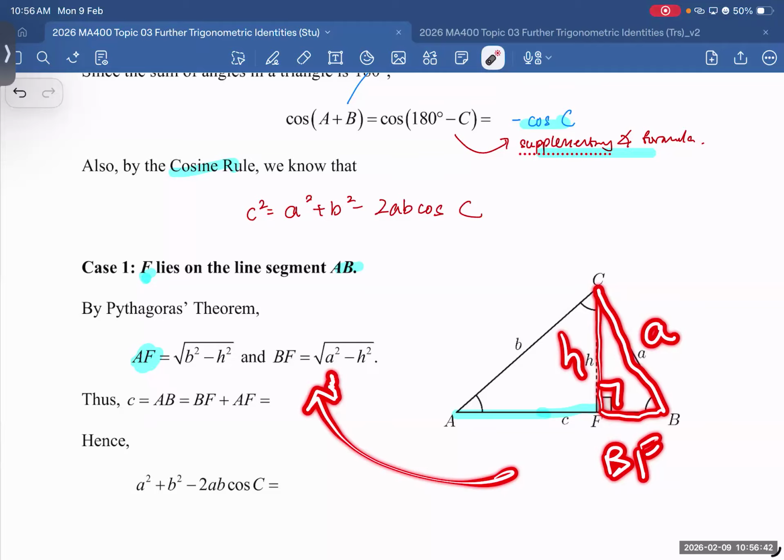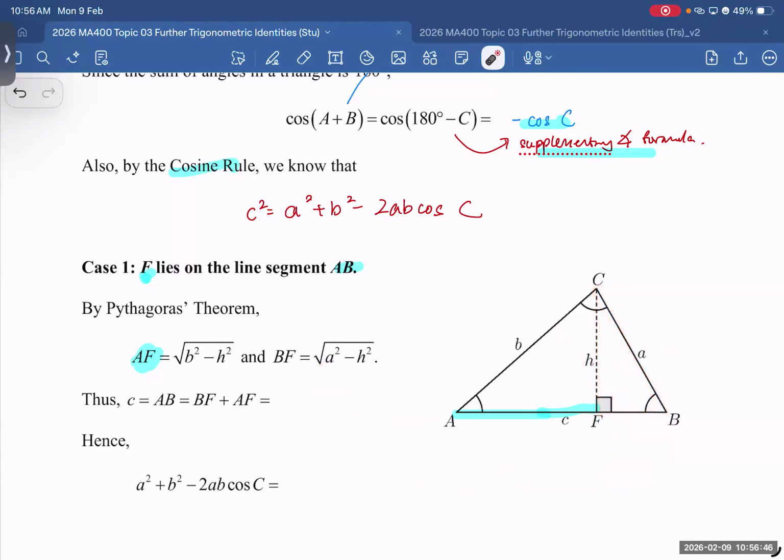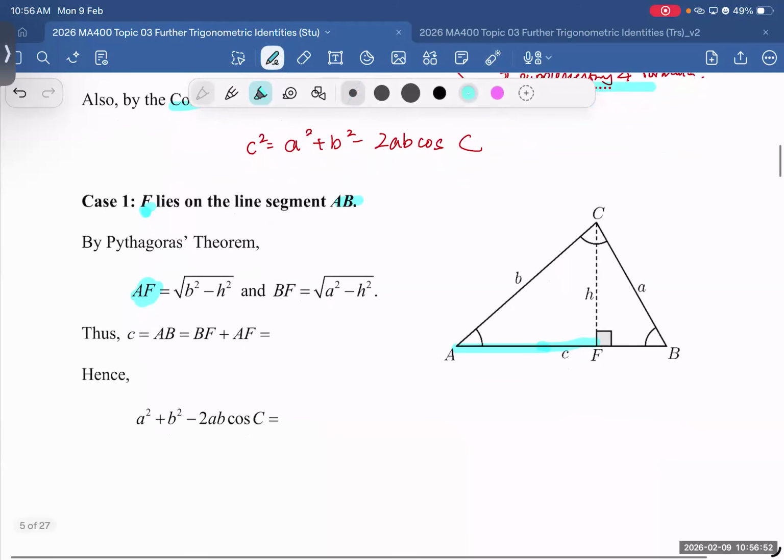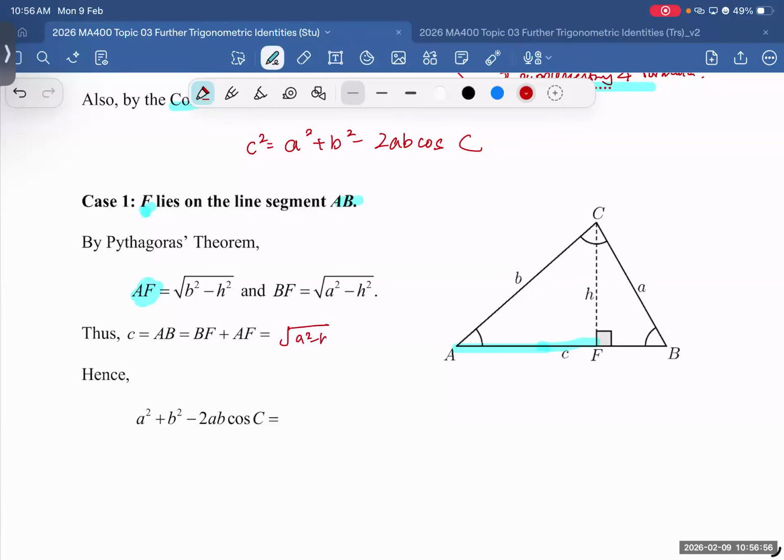So what I see here is the same strategy. You'll notice I'm writing almost the same proof. What is it the same as? It's the same as the square root of A squared minus H squared plus the square root of B squared minus H squared. Just copying from earlier.